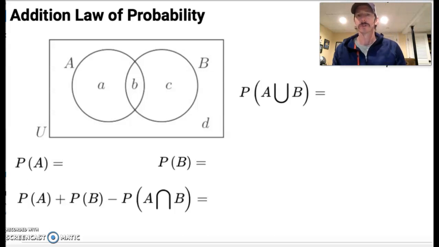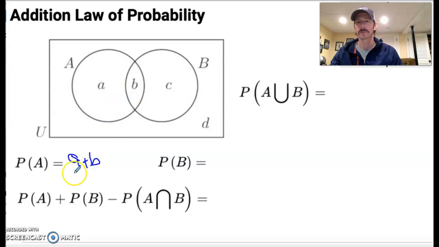And there's a whole bunch of stuff over here. I'm going to use these little A's and B's to help explain what's going on. This D is not in the set. So B is the part that's included in both. So the probability of A happening would be if A and B together were happening.